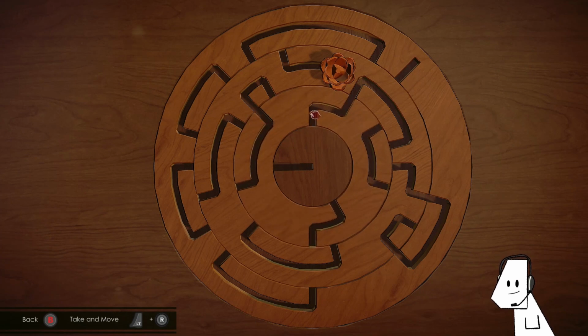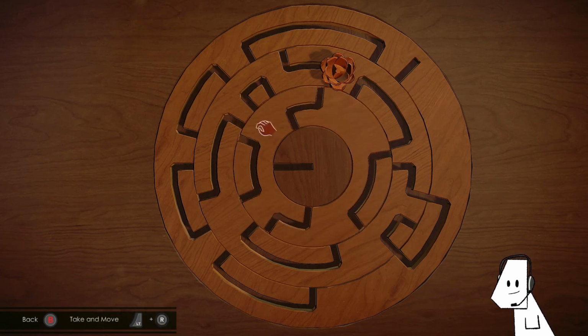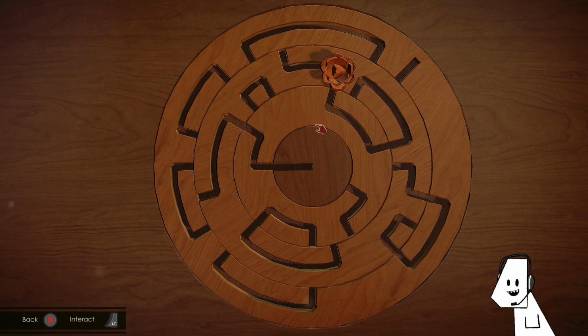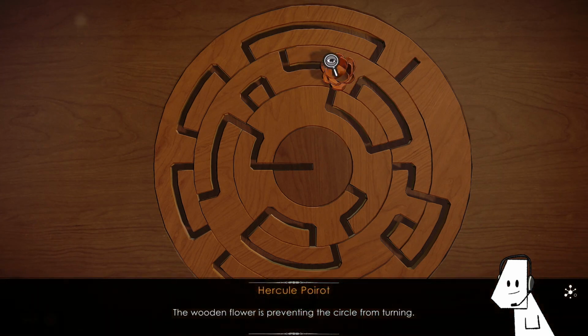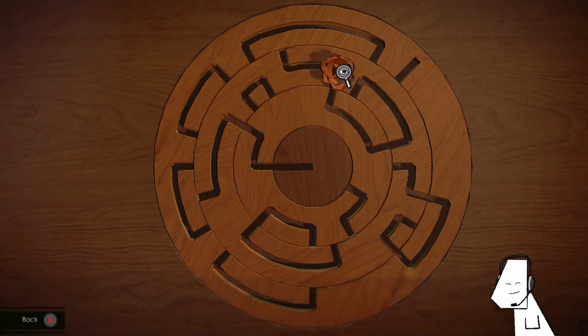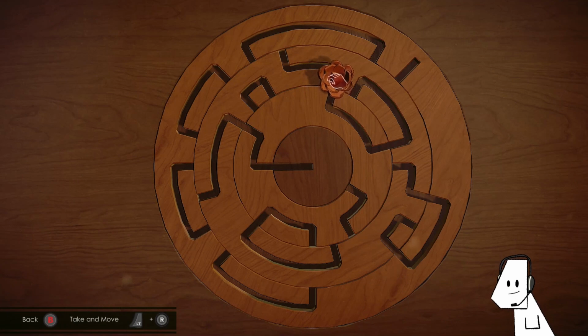I need to figure out which one leads in. So we need to get it there. The wooden flower is preventing the sun. I was trying to pick this up. So if we go like that. Oh, I've got a frog in my throat. I'm trying to go up. Why are you not? Oh, it's a pain. There you go. That's what I was trying to do. So we go up that way.